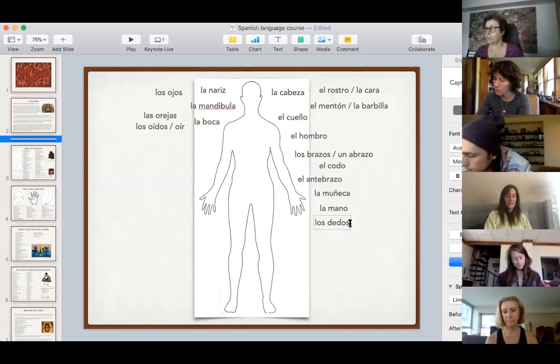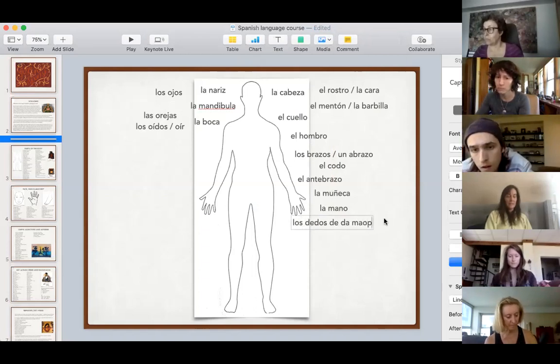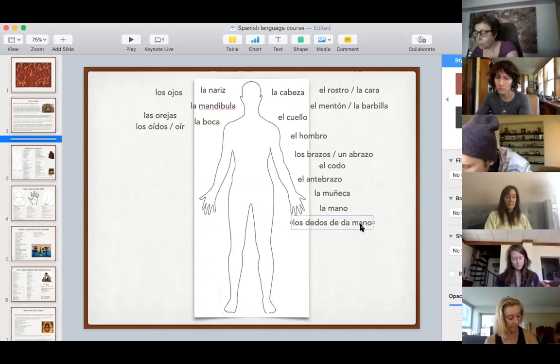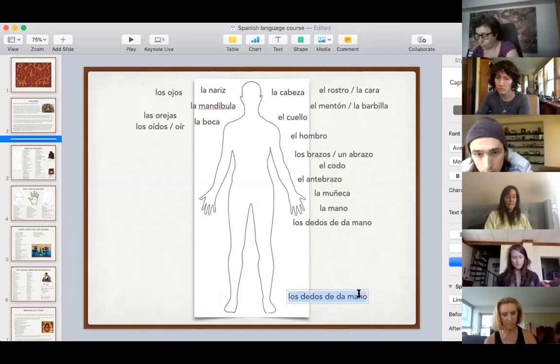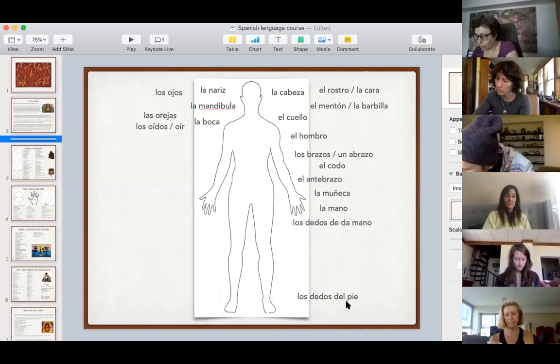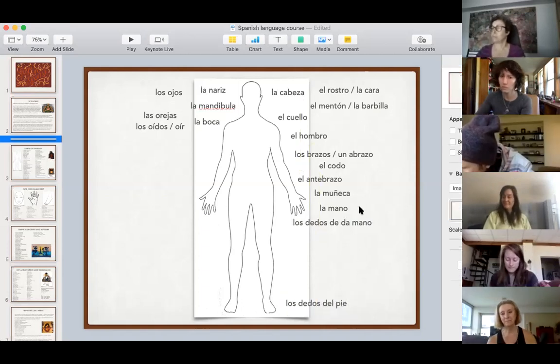So if you need to distinguish, you can say los dedos de la mano. And then you can say los dedos del pie. So those are your foot fingers and your hand fingers. Good, well done. All right, that's awesome.